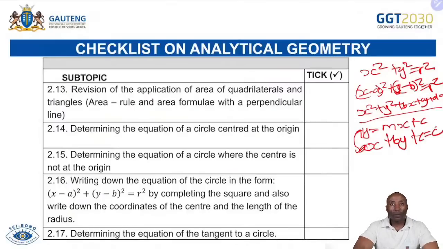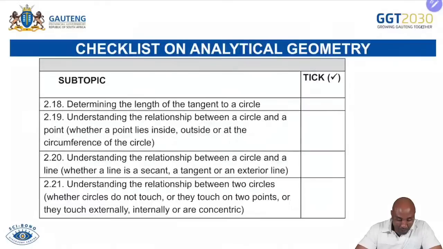We use the property that a radius is always perpendicular to the tangent, and from there we should be able to determine the length of the tangent to a circle.